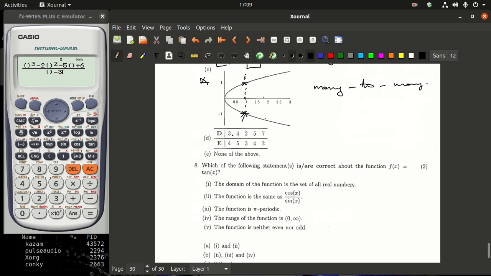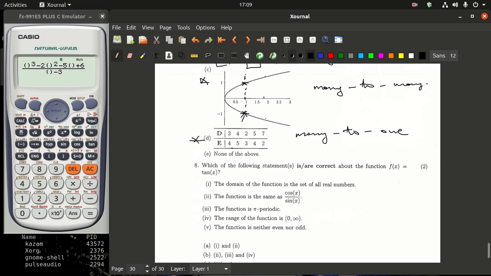So 3 is mapped to 4, and 5 is mapped to 4. So we have 2 numbers that are mapped to one thing. So we have many to 1 again here. So this one is a function, many to 1, but it is not a 1 to 1.